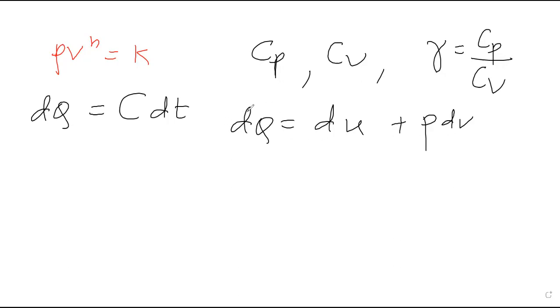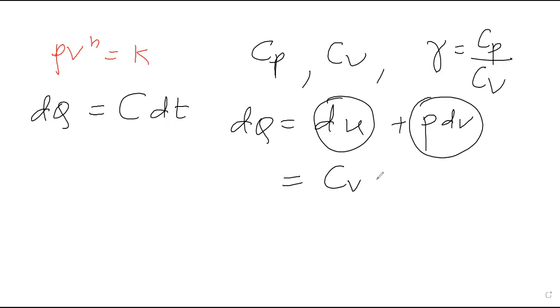So the net heat supplied to the pressure cooker is used to increase the internal energy of the water as well as to perform the external work. The increase in internal energy at constant volume is given as Cv dT, and the external work is PdV, and the net is given as C dT.